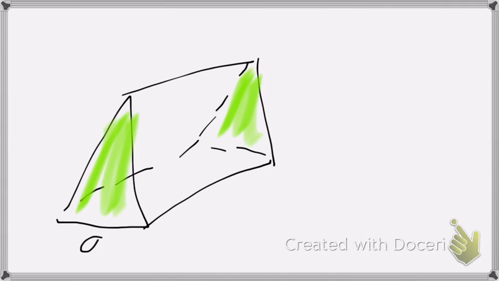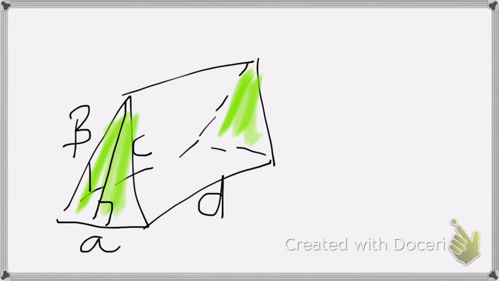Let's call this A, B, C, and then the length to the other base is D. And this is obviously the height. So we have 2 of the area of the bases, which we know is half of the base times the height.